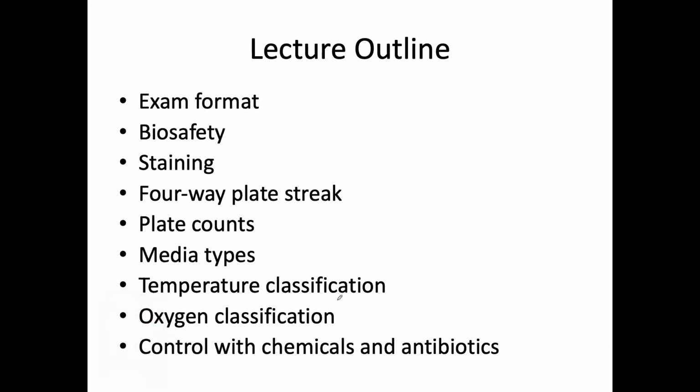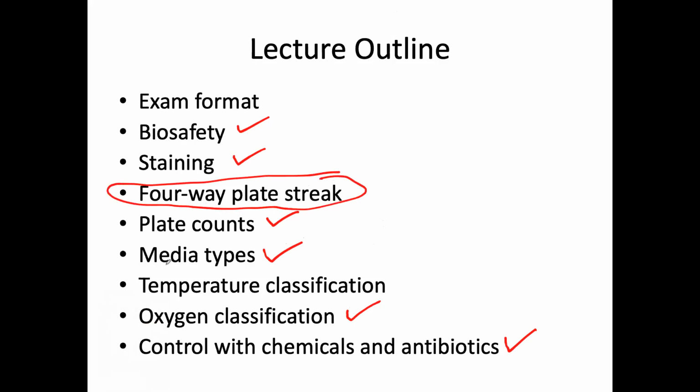I'm going to do oxygen classification, control chemicals and antibiotics, media types, plate counts and staining, and then we'll throw biosafety in. We can skip this and this, because we didn't get really too in depth with that.